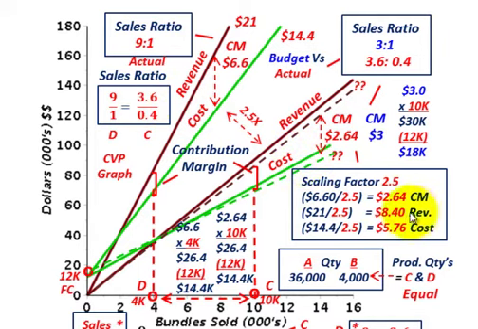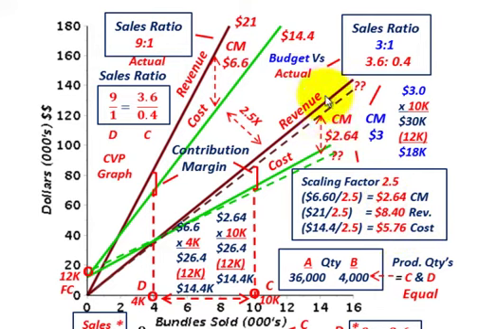And then for our revenues for that ratio, we'll take the $21 that we have for the 9 to 1 ratio and divide it by 2.5. That gives us $8.40 for our revenues line on a per bundle basis. And then for our costing line, it would be the $14.40 divided by 2.5 for $5.76 per bundle for our costing.